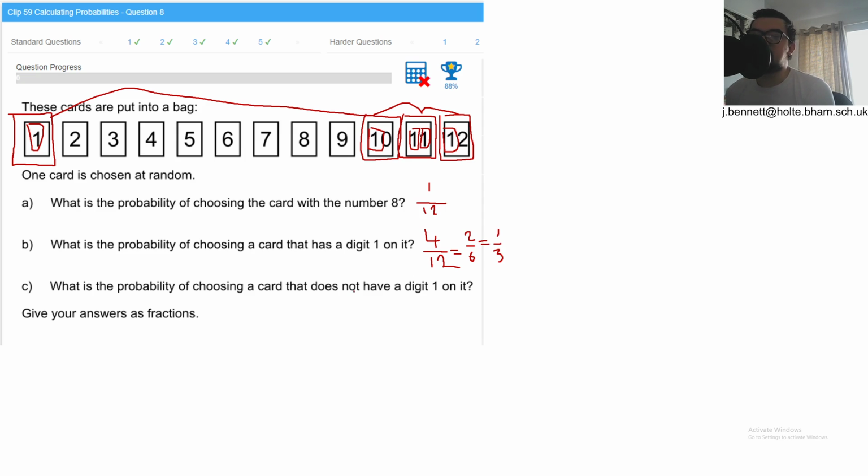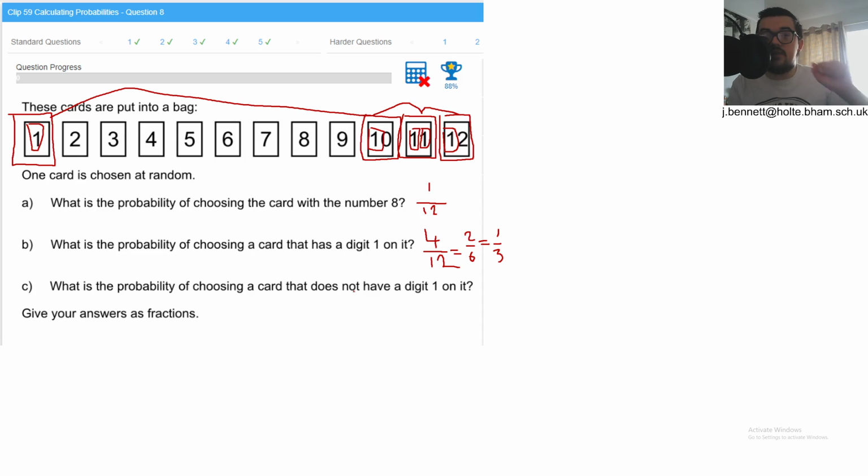What is the probability of choosing a card that does not have a digit 1 on it? Well, we just subtract our answer from 1, because these two outcomes are what is described as mutually exclusive. What mutually exclusive means is that it's either one or the other. It can't be both.